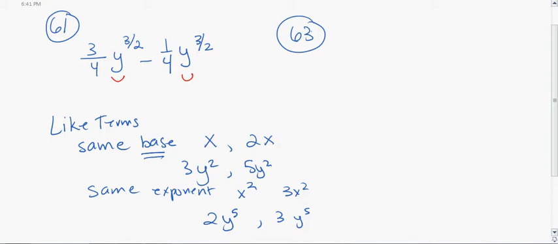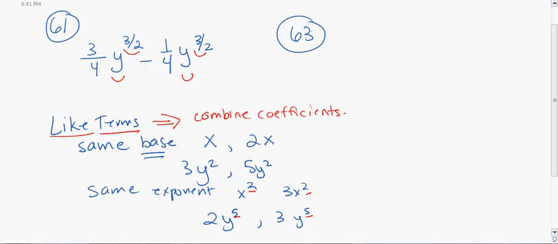So the exponents are the same in each case. So let's check our exponents. Well, I have a 3/2 in my first term and a 3/2 in my second term. So I definitely have like terms. And if I have like terms, that means that I can just combine the coefficients.